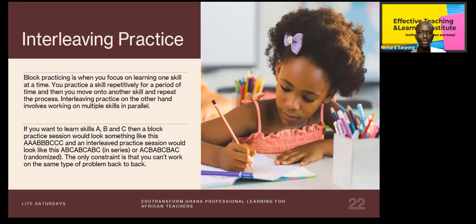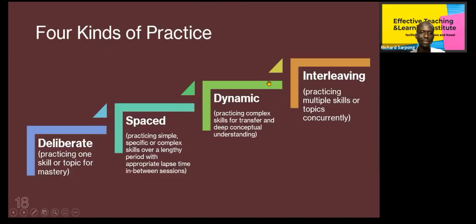So these four practices are very relevant in making sure that we are giving students enough opportunity to practice what they just learned over a period through spacing, and that they are practicing what they are learning in a different context, and that for the number of things they have learned, they are given opportunity through interleaving practice to really test their skills and develop deeper understanding and knowledge of it.